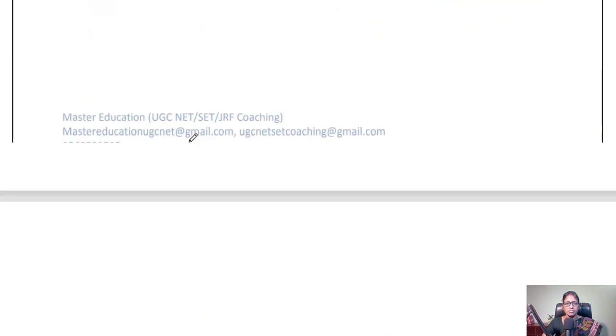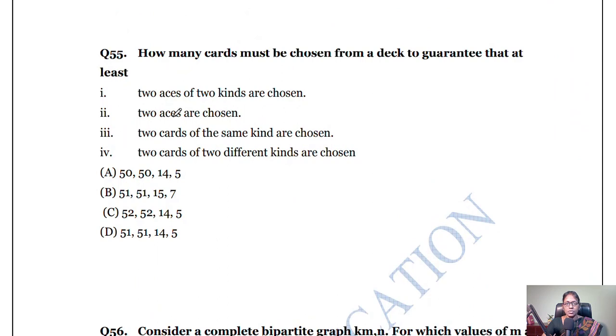Hope you understood? Yes. The next question is, how many cards must be chosen from a deck to guarantee that at least 2 aces of 2 kinds are chosen? So how many cards are there? If you don't know about cards, just take a deck of cards and check it.